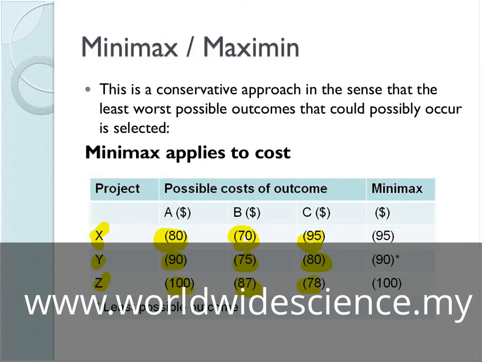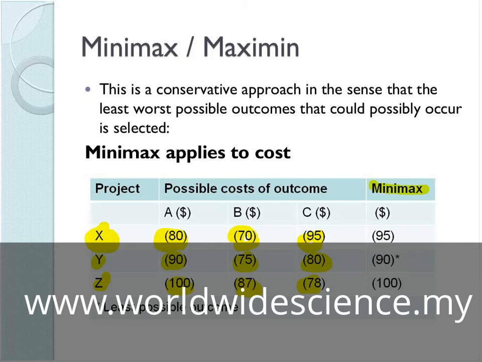These are the three kinds of variants, three types of possible cost for those projects. And let's see the minimax. The minimax box here is given to you. As you can see, the worst possible cost for project X is the one that takes more money or cash flow from the company.